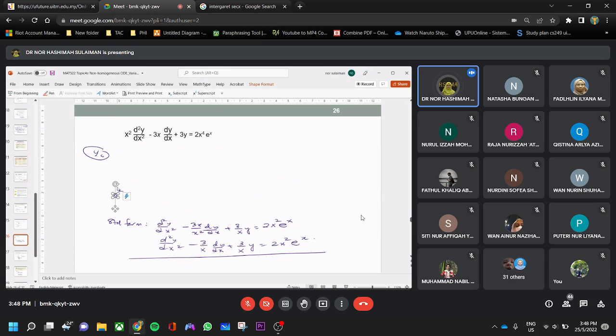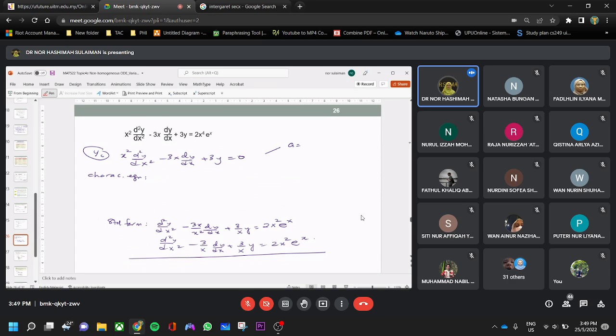Apa cari YC dulu? Okay. X kuasa 2 second derivative of y with respect to x minus 3x dy dx. Okay, karakteristik equation dia apa? Kena hati-hati, ataupun auxiliary equation, daripada sini kena extract lah.